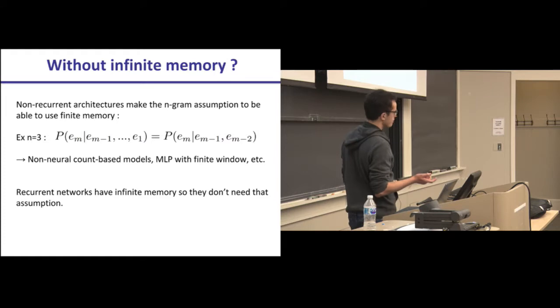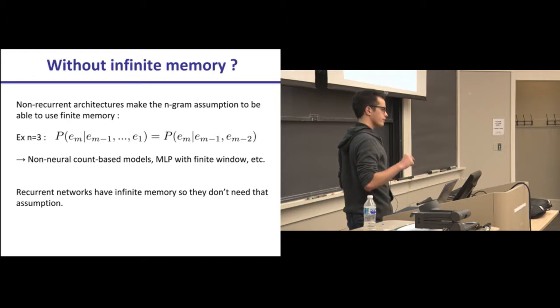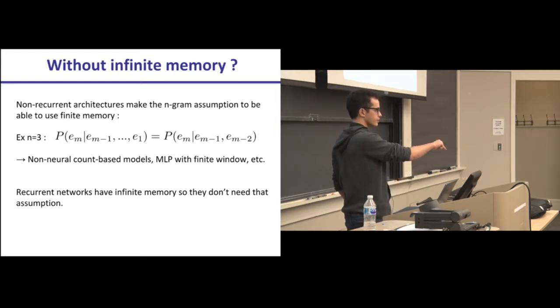If not, it's just a tuple of successive words of finite length. So a trigram would be EM minus 2, EM minus 1, EM. In the n-gram assumption, you consider that the probability of a word depends only on the n minus 1 words before.